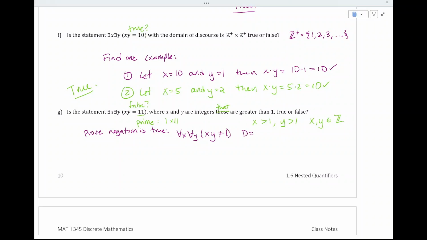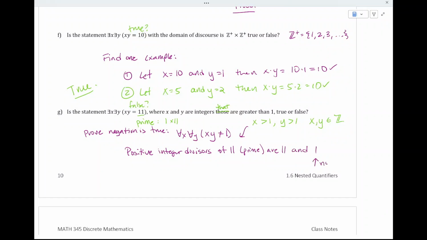And my domain of discourse is, well, maybe I'll write it like this. x and y are both greater than 1, and they are integers. So let's see. I'll write some of the things I've already said. Positive integer divisors of 11, which is prime, are 11 and 1.